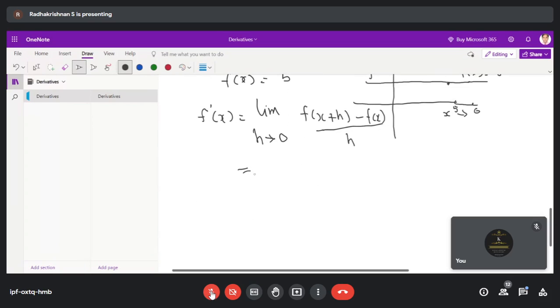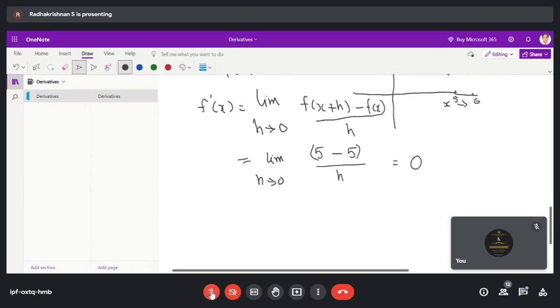Since f of x is 5, for whatever value of x, f of x plus h will also be 5, minus f of x, which is 5, divided by h. That is 0 divided by h, which is 0. We can see it from the graph also, but this is the way we get it from first principles. So for any constant, the derivative is 0.